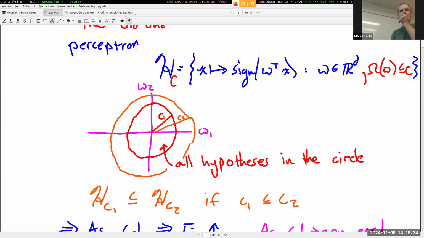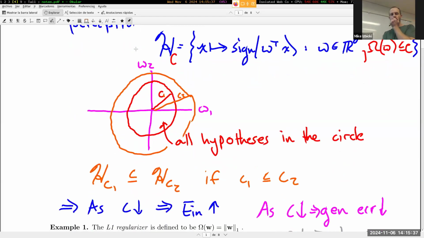Marco, you had a question? Why are the hypotheses outside of the circle considered more complex? Yeah, so this is a fantastic question. The question is why are hypotheses outside of these circles considered more complex than the hypotheses inside of the circles?